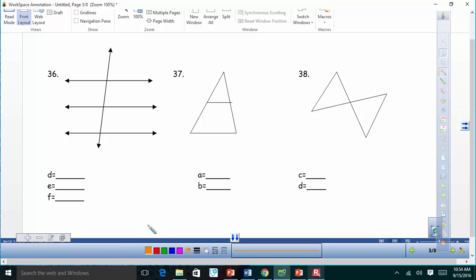Okay, so this is on the second sheet at the bottom. People tend to think these are hard, but I'm going to show you how to look at them so they're actually not that bad.